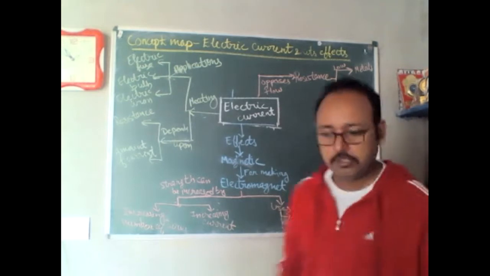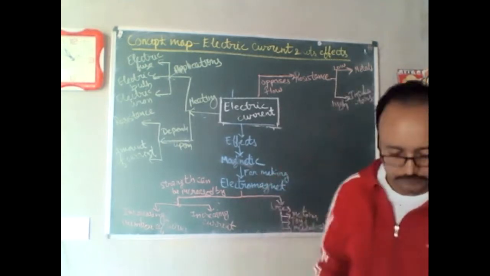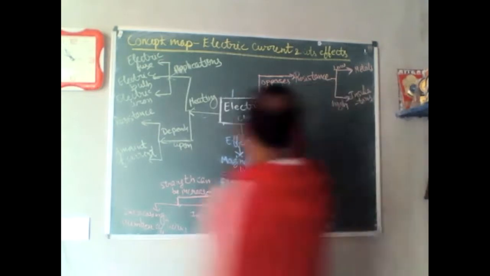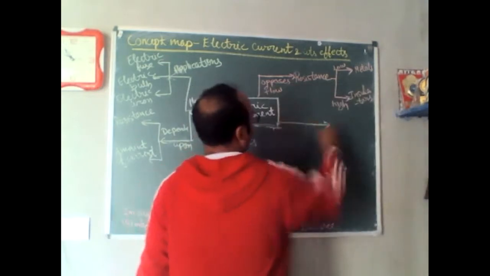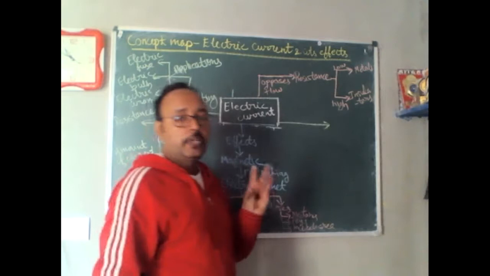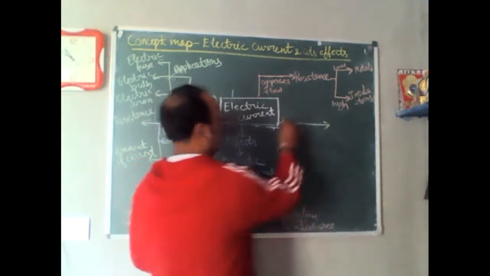Now the very important thing: we know that there is a limited value for the electric current which flows through a home.